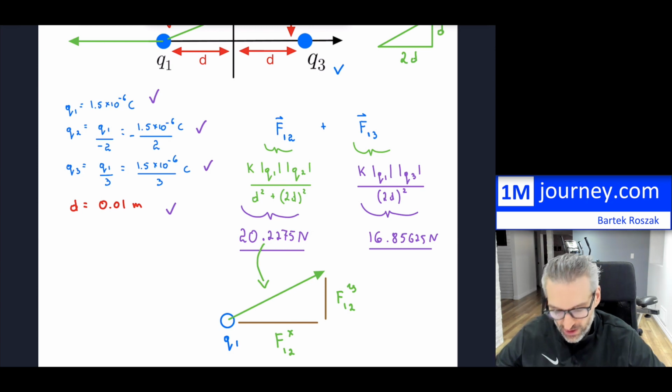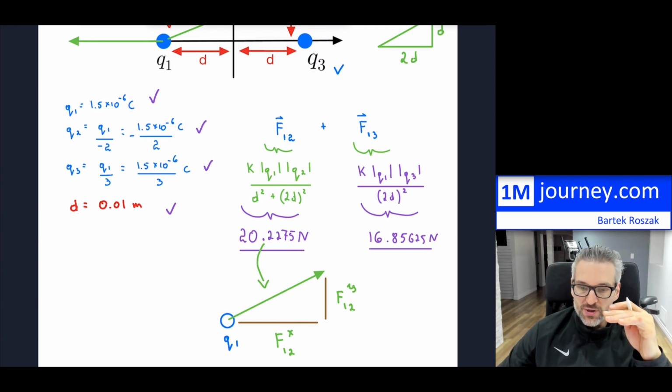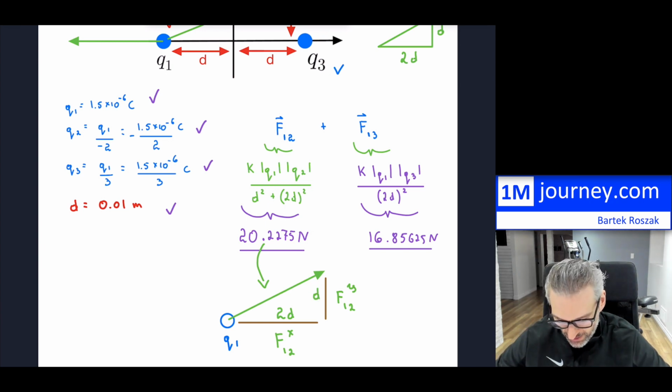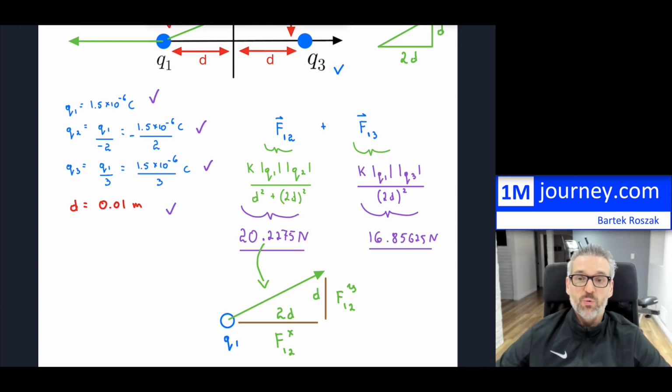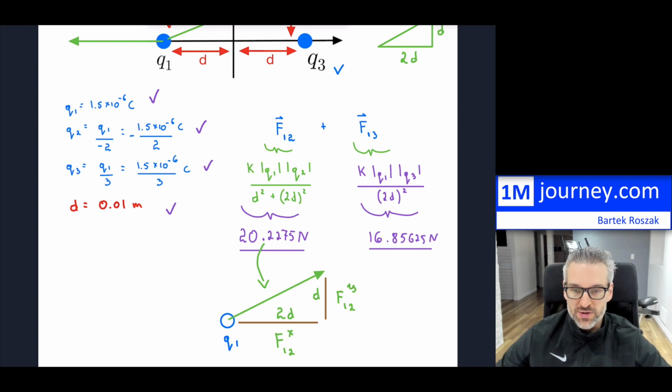Notice that's 2D right here, and this is actually D, so we know those ratios. So we can figure out what those components are, find out what that angle is, and then find the actual component. I'll do that in a moment.